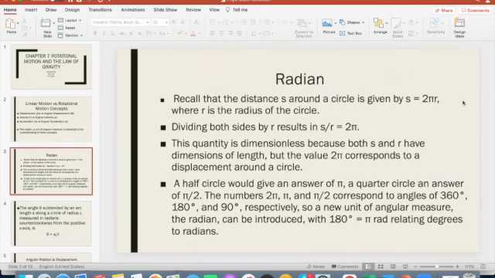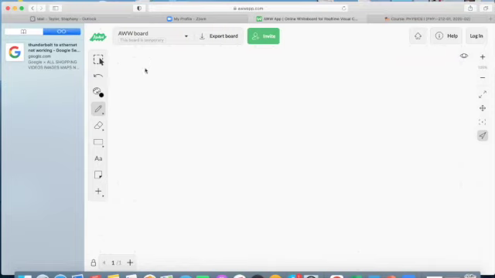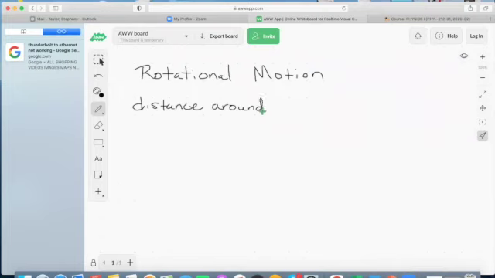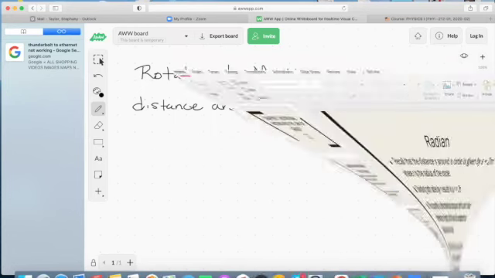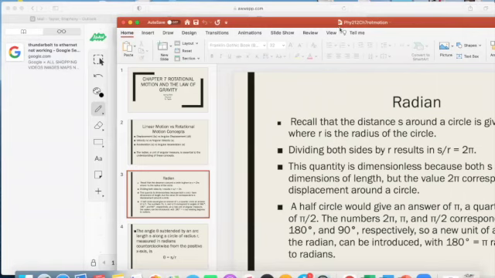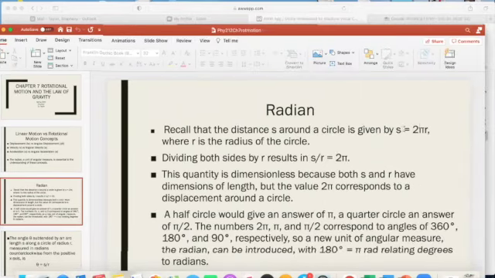All right, so on to the radian. Recall the distance around a circle is given by s, denoted by lowercase s, and it's equal to 2 pi r, where r is the radius.